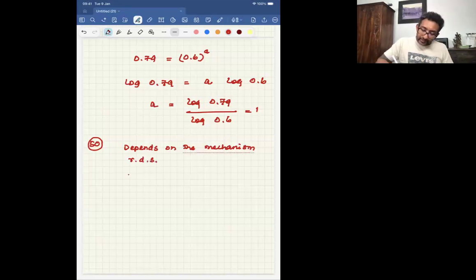If the reaction is an elementary reaction, that is the rate determining step.